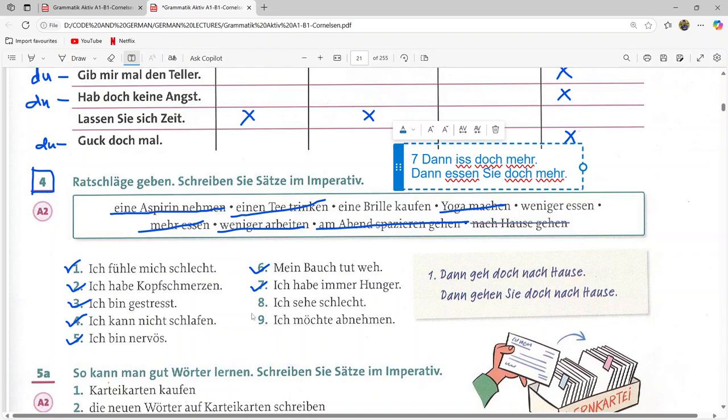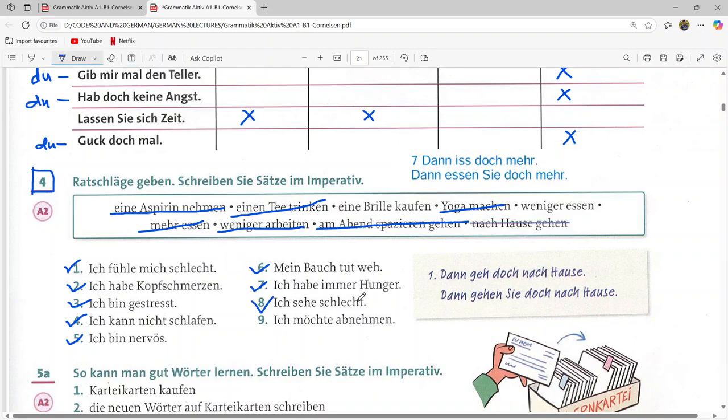Next one, "Ich sehe schlecht." I see badly, or I have trouble seeing. So we can see that you see badly, like you are not seeing anything well, an eye problem. Okay, then buy glasses.